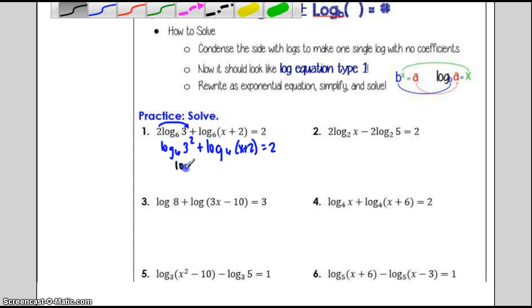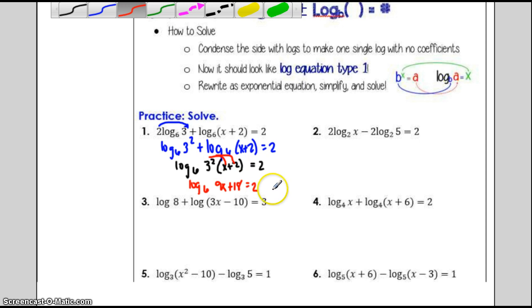So we have log base 6 of 3 squared times x plus 2 equals 2, which is going to give us 9 that we want to distribute. So that's log base 6 of 9 times x is 9x, and 9 times 2 is 18.